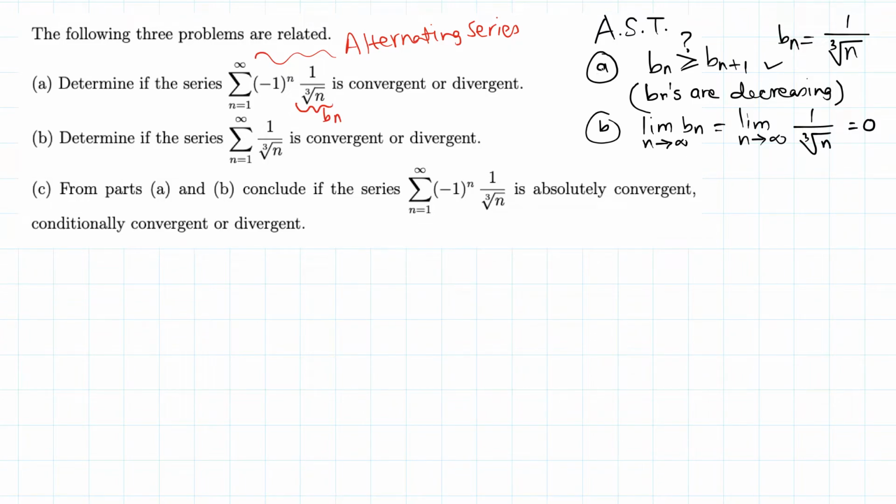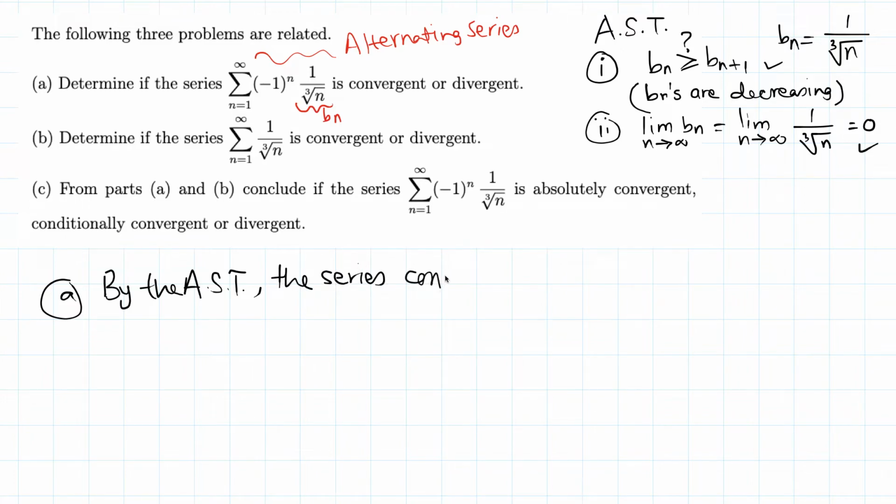So from these two parts of the alternating series test, we showed both are true. So by the alternating series test, the series converges, or the series is convergent.